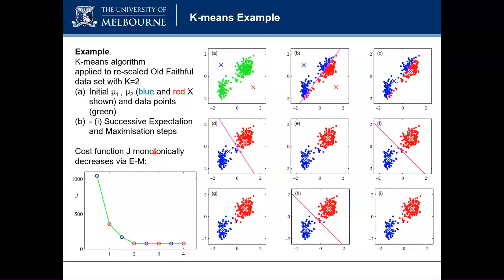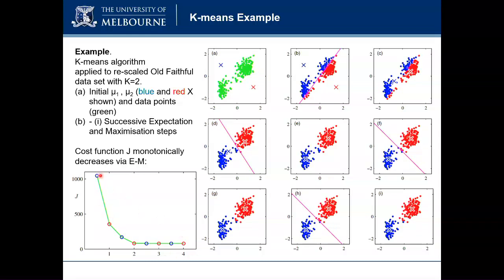The cost function monotonically decreases via EM, because at each step, or pair of steps, of each iteration of the algorithm, which has 2 steps, you are decreasing J, right? You are not increasing J. There is no possibility of increasing J. So it is monotonically decreasing.